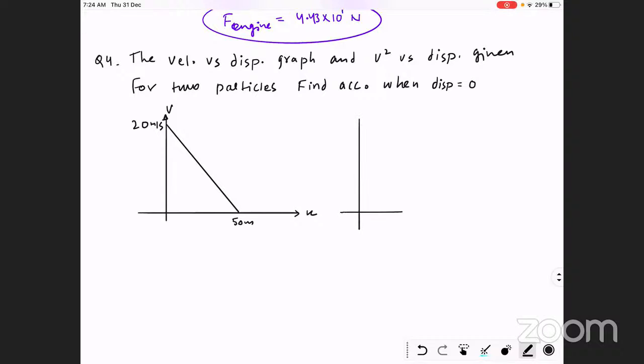And you have another graph. This graph is between v square and x. And values are same. 20 meter per second whole square. And this is 50 meter. You have got two different graphs. How to find acceleration when displacement is 0?